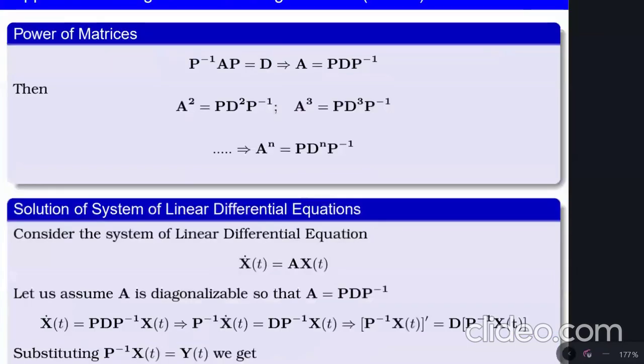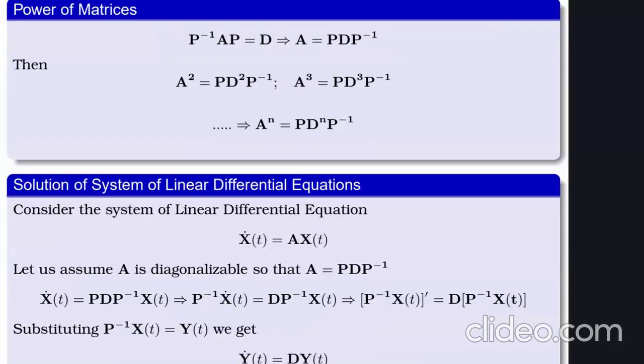Another very important example is to solve a system of differential equations. So there is a technique. If A is diagonalizable, if I can give the assurance that A is diagonalizable, then I can easily find the eigenvalues and eigenvectors and I can construct P. After construction of P, we have x dot equals, replacing A by P D P inverse.